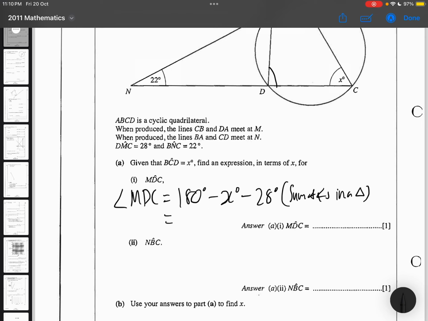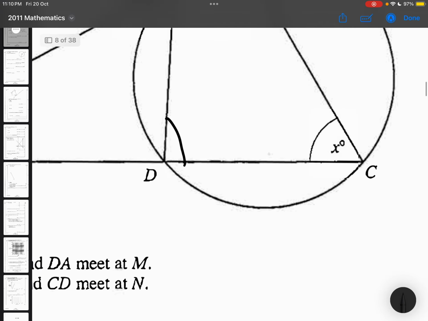And they want you to find an expression in terms of x. So we'll just calculate 180 minus 28, which is 152 minus x degrees. And this is my answer. Seems pretty simple so far. I'll indicate this as 152 minus x degrees.